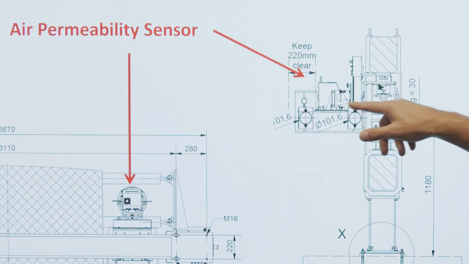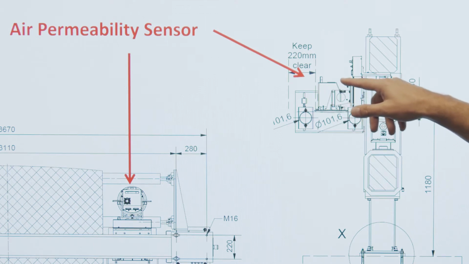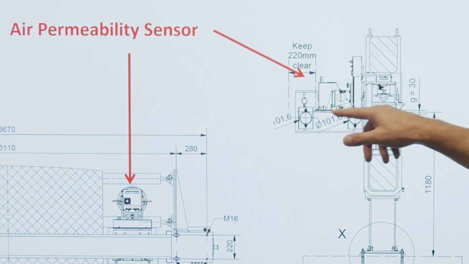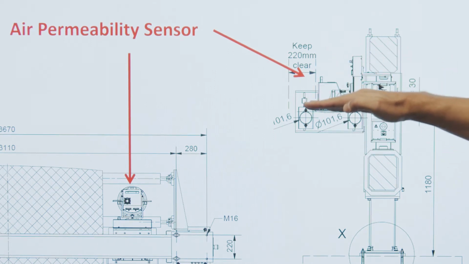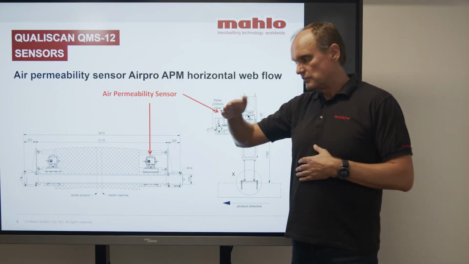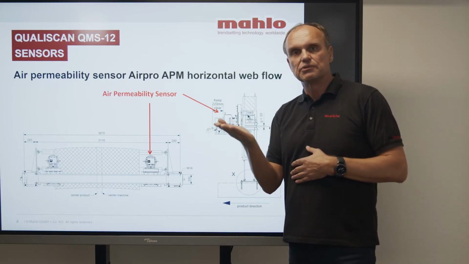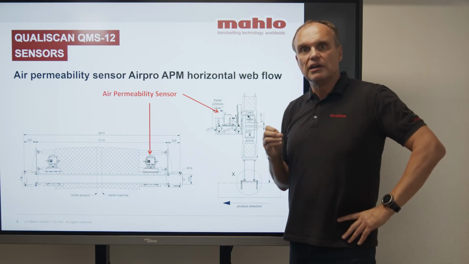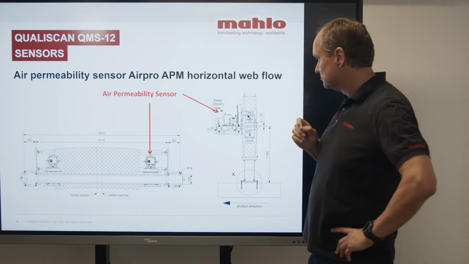And here we see the air permeability sensor. The web has to be supported by 2 guide rollers, and the sensor is touching the web from the top. It's also possible to touch from the bottom if necessary, but then we have more effort for cleaning the sensor.